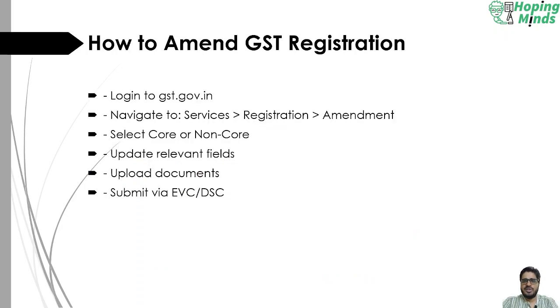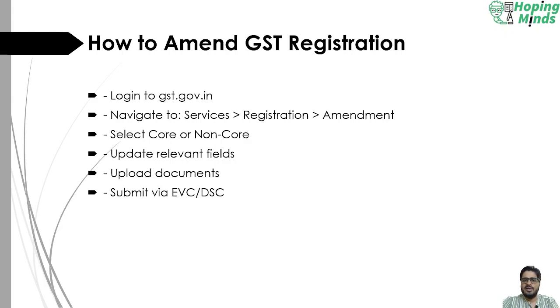How to amend GST registration? To amend the GST registration, we need to log into the GST portal, that is www.gst.gov.in. Upon login, we have to navigate to the services tab, then to the registration tab, and under the registration tab we have the option of amendment to the core field or amendment to the non-core field.